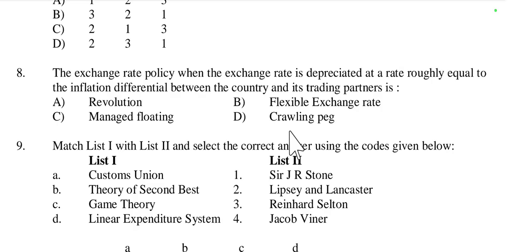It is called crawling peg, because the crawling peg exchange rate policy involves gradually adjusting the exchange rate, often in line with the inflation differential between a country and its trading partners. So this method is used to avoid large sudden shifts in the exchange rate while maintaining some control over currency depreciation. So it is called crawling peg.